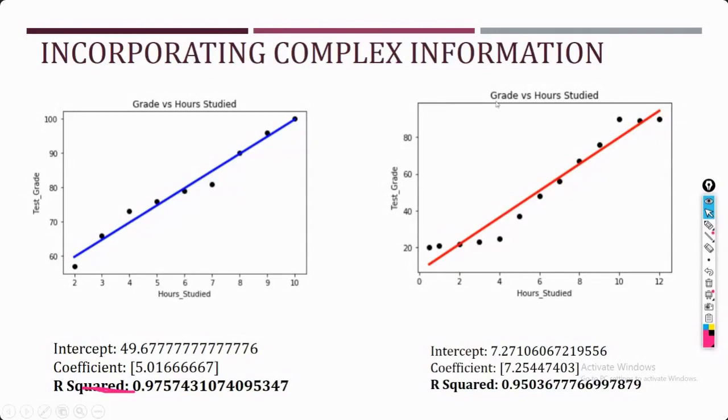Now if I use the same setting and apply linear regression, that means I'm drawing a straight line. For the same data set with this much variation, I am getting 0.95. Originally it was 0.97, now I am getting 0.95, so you can clearly see: if the structure is linear, then linear regression is going to work, but if the structure is not linear, then it is not going to work, like in this case also.